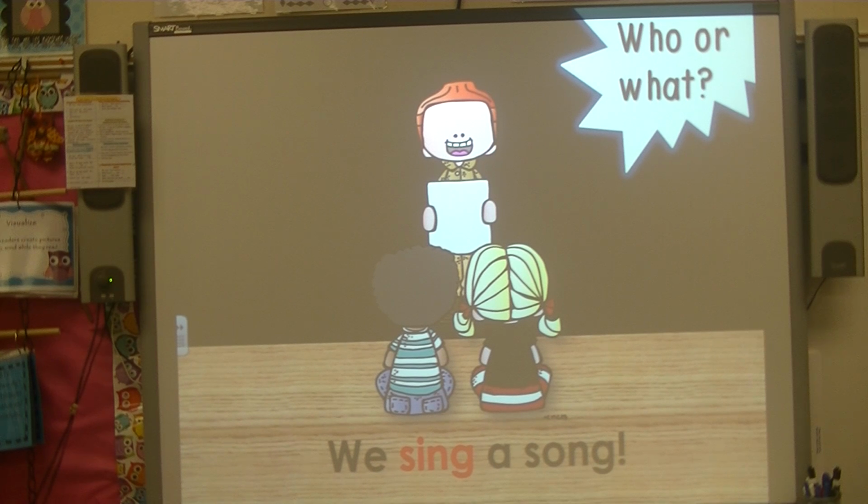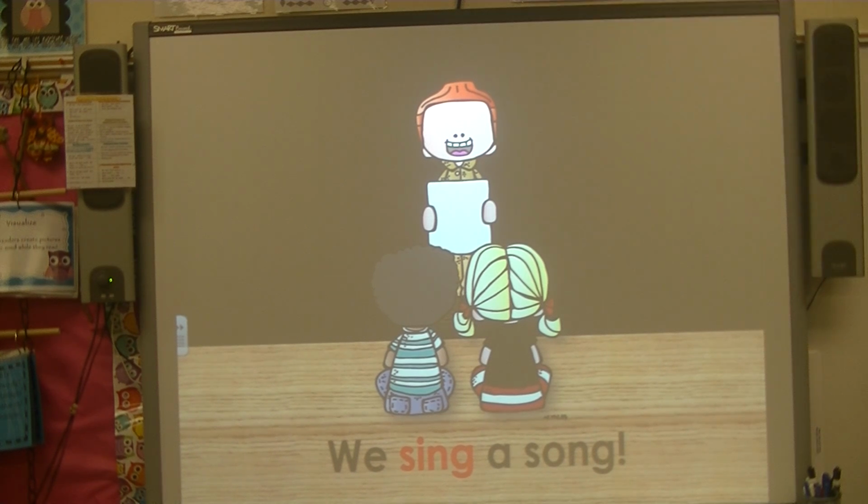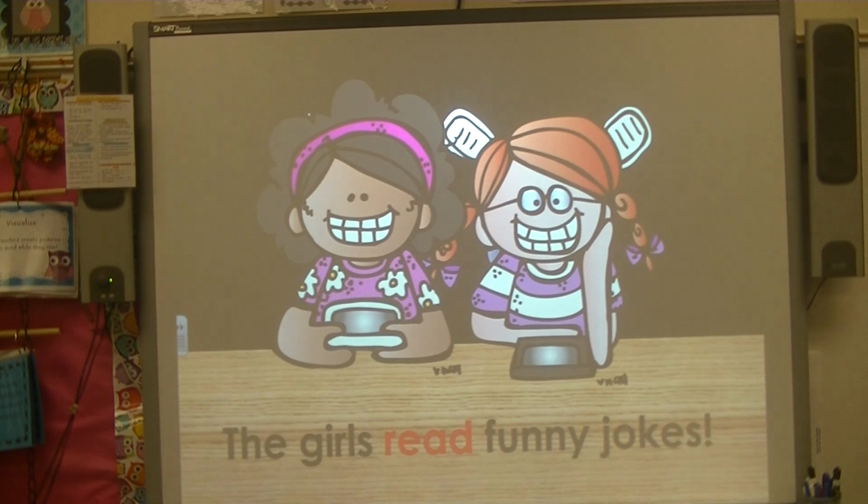Yes, we. So that is our subject. Now, what we can do is the predicate. So that's the rest of your sentence. Sing a song is the predicate. What the subject can do.